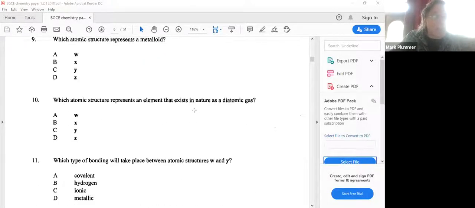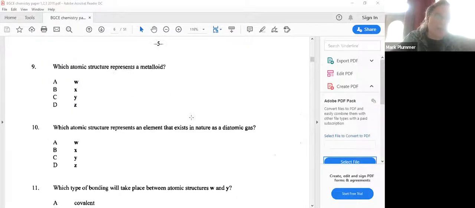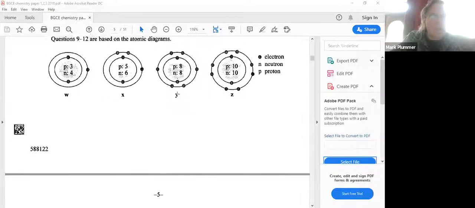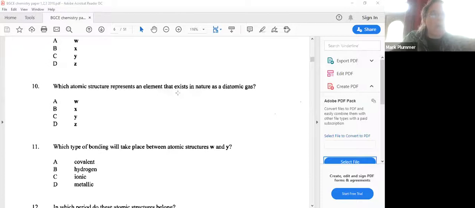Number 11. What type of bonding would take place between structures W and Y? Of course you need to go and have a look. There is W, and there is Y. What will happen between those two structures? What will you get between W and Y?